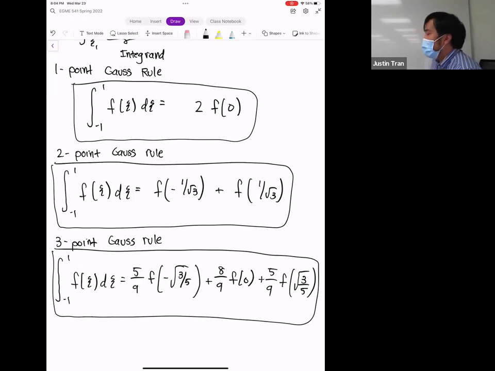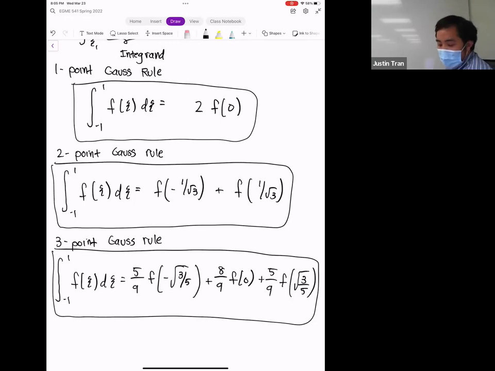There's a lot more, and I think people evaluate this up to dozens of Gauss points, which are not practical at all, but mathematicians have to do something, I guess, and that's how they spend their time. Generally speaking, as you add more points, in other words, as you do more work, you end up with a more accurate integration estimation.